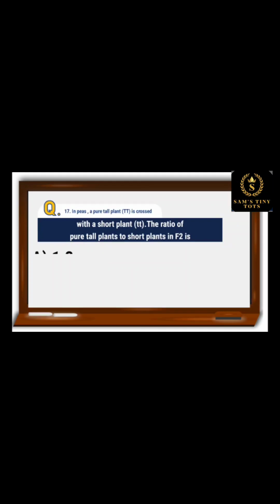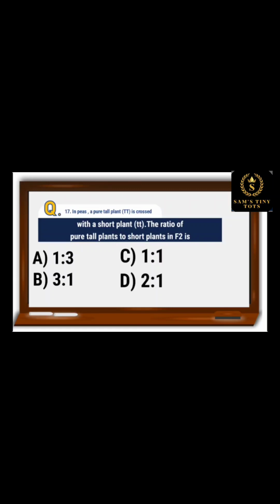17. In peas, a pure tall plant is crossed with a short plant. The ratio of pure tall plant to short plants in F2 is option A, 1:3, option B, 3:1, option C, 1:1, and option D, 2:1. And the correct option is option C, 1:1. 18.